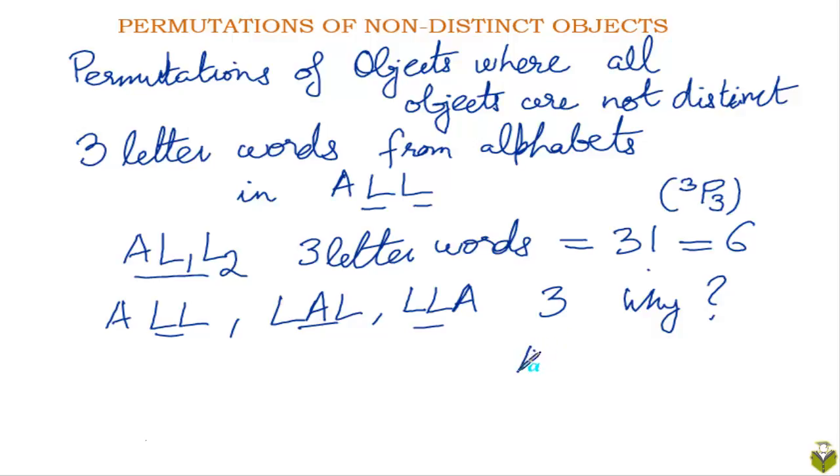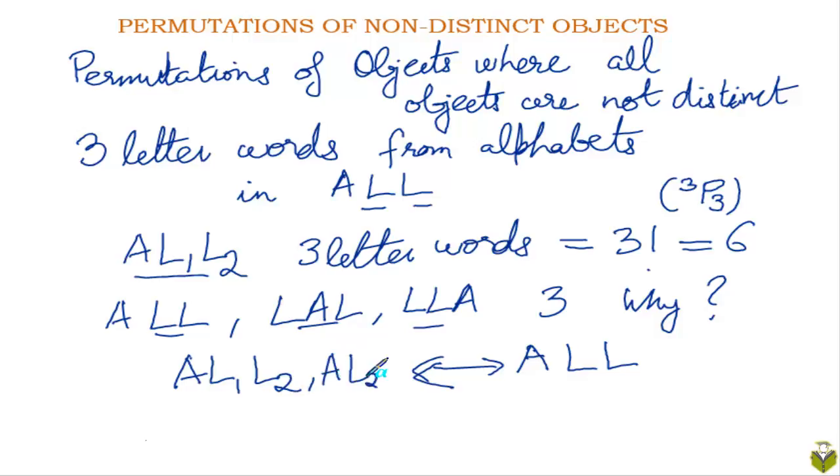So if I had each of these L as distinct, like L1 and L2, corresponding to ALL, how many different words could I have? 2 factorial, actually. That is because you can have AL1L2 and AL2L1.